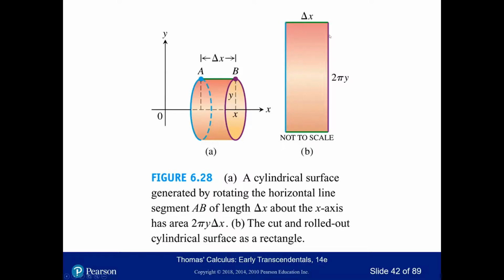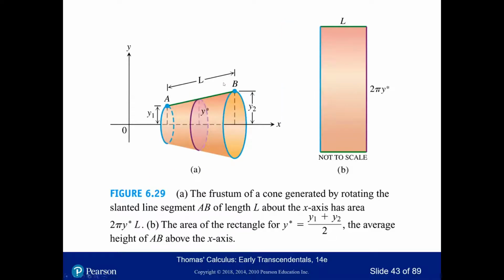And when we stretch it out, that will be the length of the rectangle, right? 2 pi y, because that's the same as the circumference of this circle. Right? And to find the area, we just multiply the length and width, which is the circumference of the circle multiplied by the change in the x value, right? That's the pretty easy approach, right? So let's say we have something a little more weird, right?